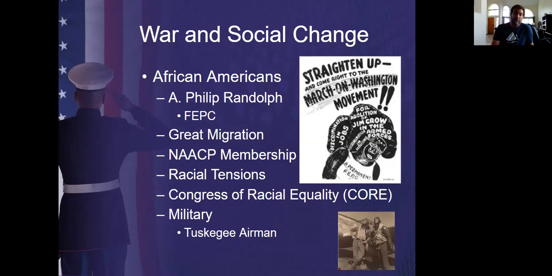And many of the white escort pilots were looking to shoot down as many planes as possible to make a name for themselves. And so they would often then leave the bombers for the second wave to come in and just decimate them. But yet the Tuskegee Airmen stayed with their bombers, they kept to their mission.